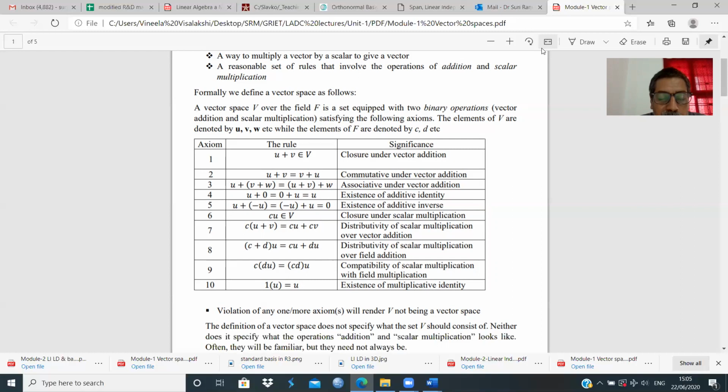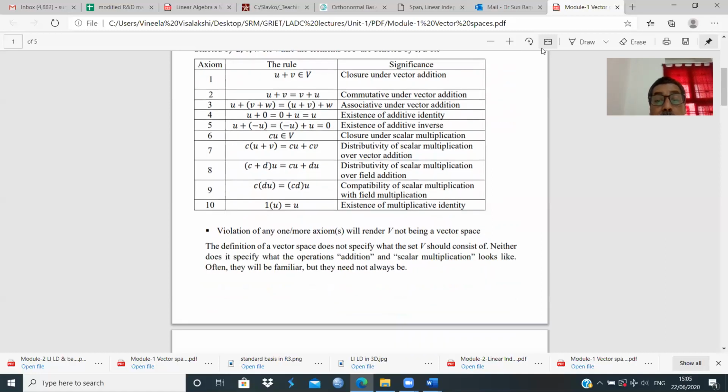Minus u does not mean the negative of u, but u plus its inverse should return back the additive identity. 7, 8 and 9 are obvious, nothing much to explain, but 10 is critical. 1 times u should return back u, where 1 should come from the field of scalars. Violation of any one of these axioms will make V not a vector space.